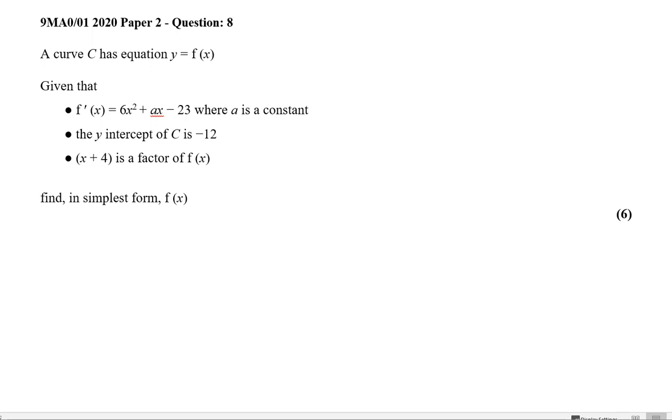So starting with the first bullet point here, best thing to do, I think, is to integrate this, and then we can figure out what the constants are around it. So if we do that, we're going to have f of x, and we integrate term by term. So we're going to add 1 to the power and divide by the new power. Okay, so that's plus ax squared over 2.